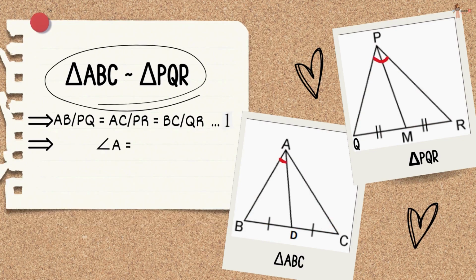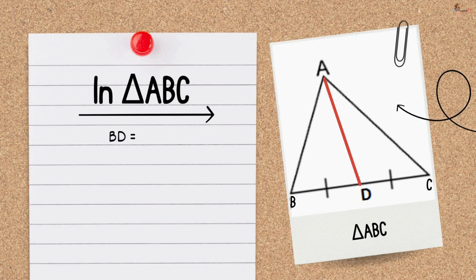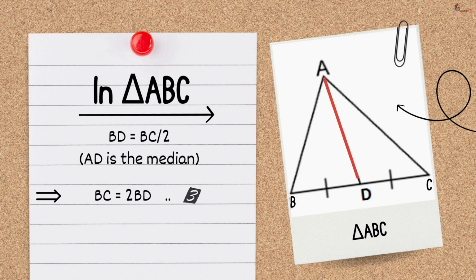Now, angle A would be equal to angle P, angle B would be equal to angle Q, and angle C would be equal to angle R because corresponding angles in two similar triangles are equal. Now, BD is half of BC because AD is the median, which obviously means BC is twice of BD.